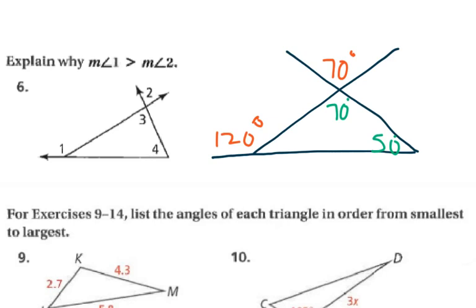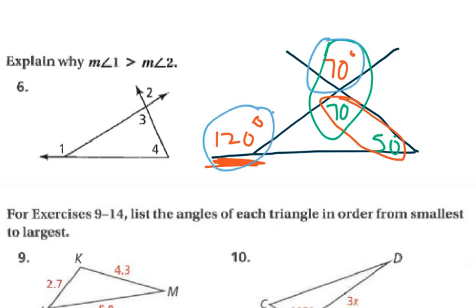So here's what we do. We've actually already used geometry to prove it. What we know is that these two have to add up to the remote angle out here, which they do. And we also know that these two are vertical, so they have to be the same. So it has to be that this is more than this. There is no other way. So if we were verbally saying a proof, then we've already done it.